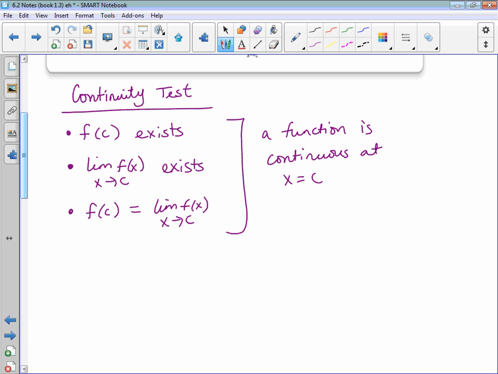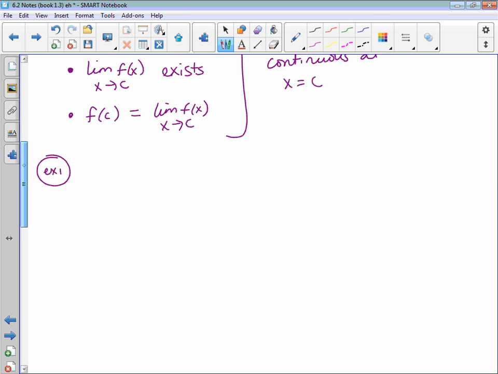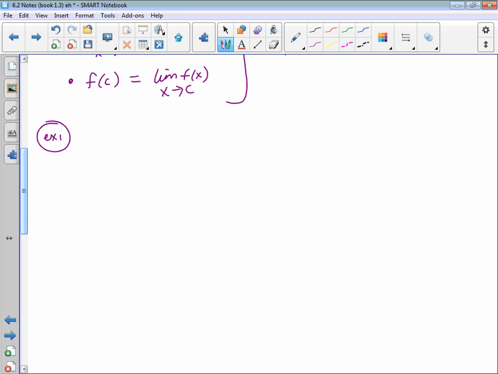All right, so let's do an example. So your function is f of x equals 2x plus 3. I want to know, is it continuous at x equals 1?